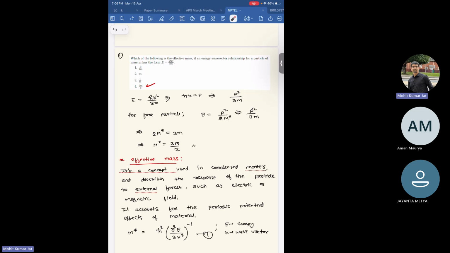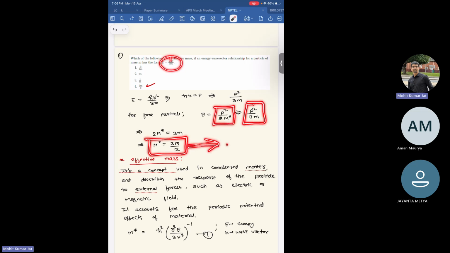First, you write it in terms of p square by 2m. The easy way is, for a free particle we have h bar square k square by 2m. So you write it in that form, and whatever prefactor comes, that will be your m star. So you write p square by 2m equals whatever is given. H bar k is p square by 3m, and that gives you m star equal to 3m by 2.